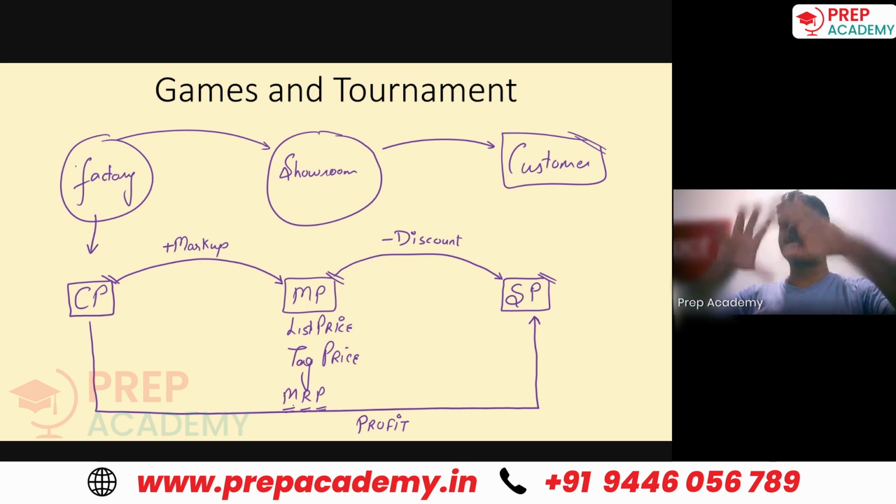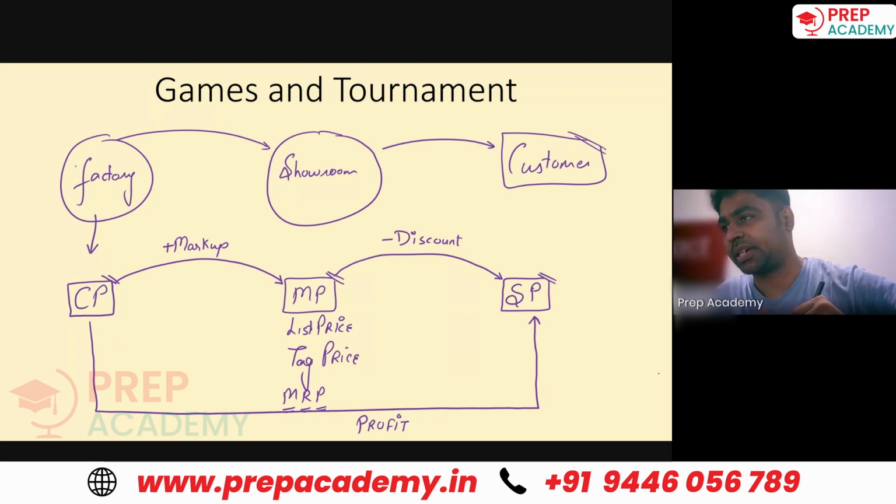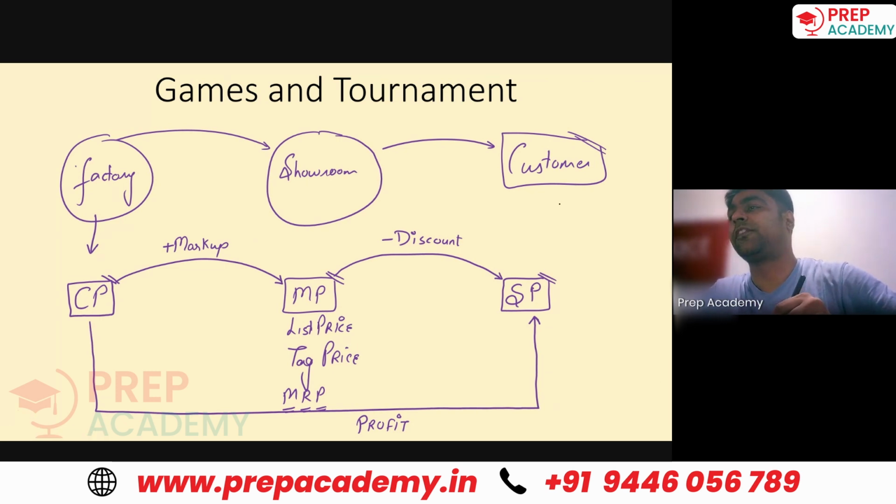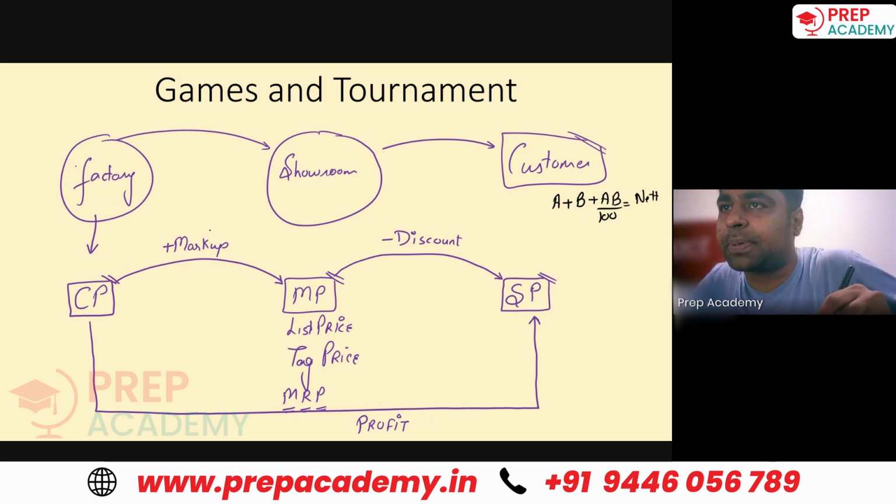So this whole cycle is also called an implication of successive percentage. Now, if I want to teach you the formula or derive another formula for you using the concept of A plus B plus AB upon 100 is equal to net percentage, can I say this markup is the first change which is happening?